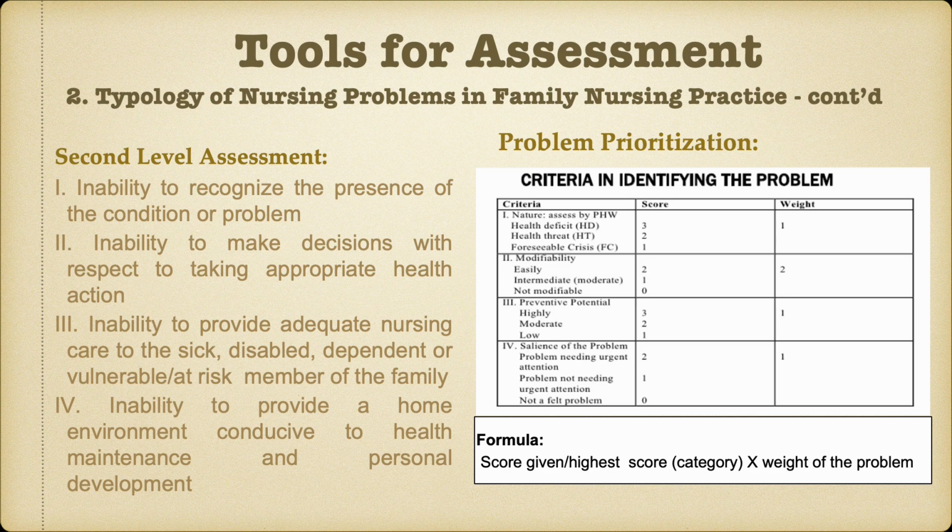So, if it is high, no, so the problem is needing urgent attention, so meaning to say, high na siya, it is serious and needs immediate action, then we give a score of 2. If moderate, or meaning the problem is serious, but it does not need immediate action, then we give a score of 1. If it is low, meaning to say the family does not see it as a problem, then we give a score of 0.